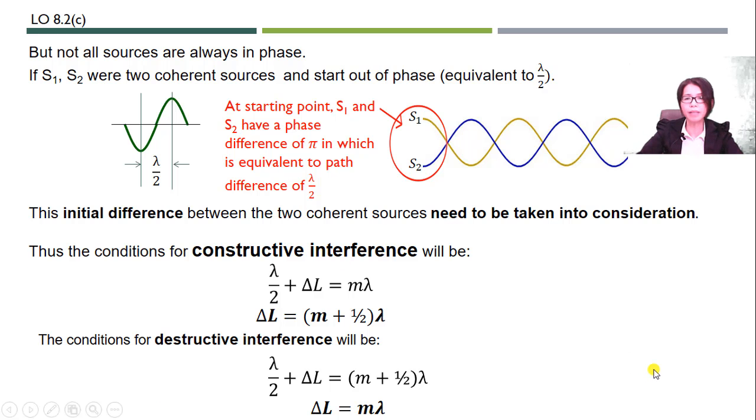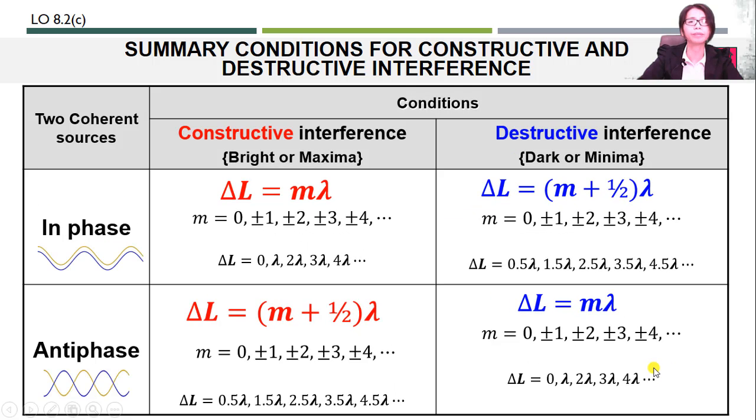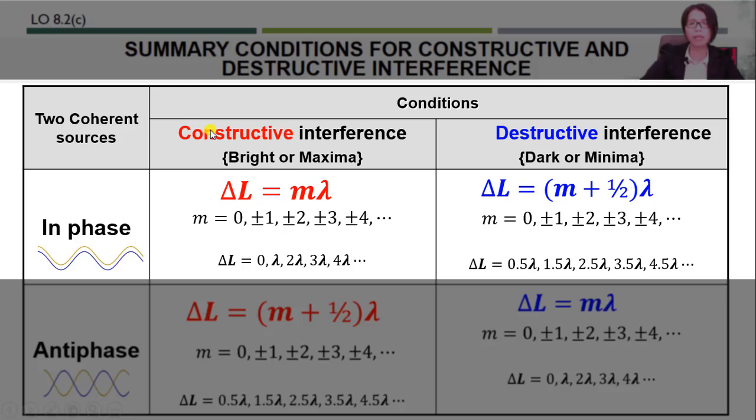So I summarize it in a table. Basically, we have two coherent sources, whether in phase or antiphase. For in-phase coherent sources, in order to obtain constructive interference, meaning we observe a bright or maxima, our path difference must equal m lambda, whereby m is what we call the order number, starting from 0, 1, 2, and so forth.